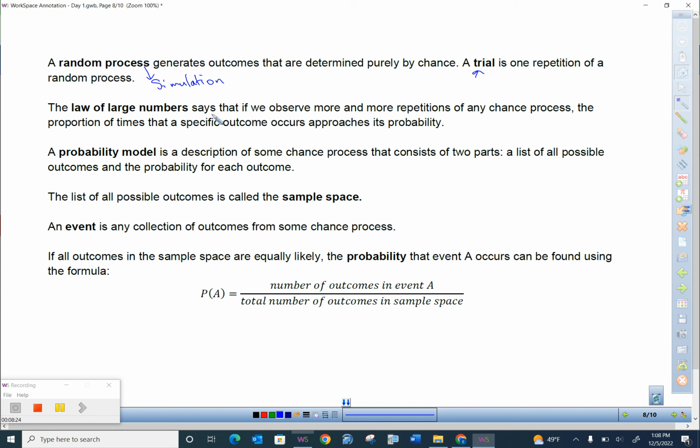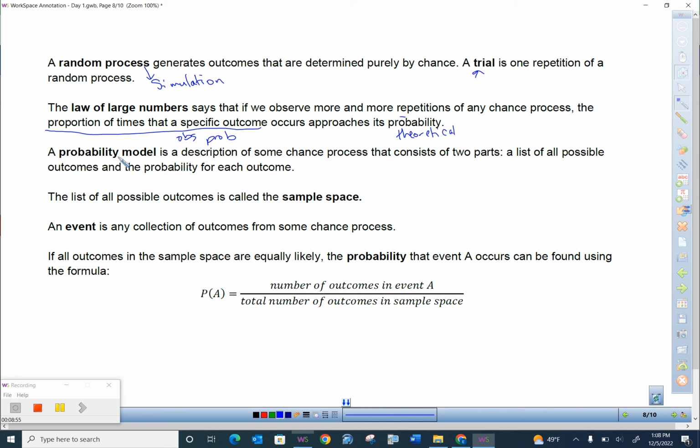And then the law of large numbers: if we observe more and more repetitions of any chance process, as we keep repeating these trials over and over again, the proportion of times a specific outcome occurs approaches its probability. So this is our observed probability approaching the actual, theoretical probability.